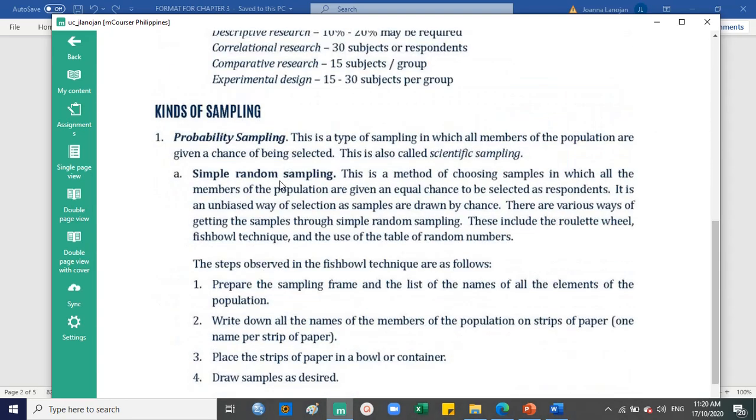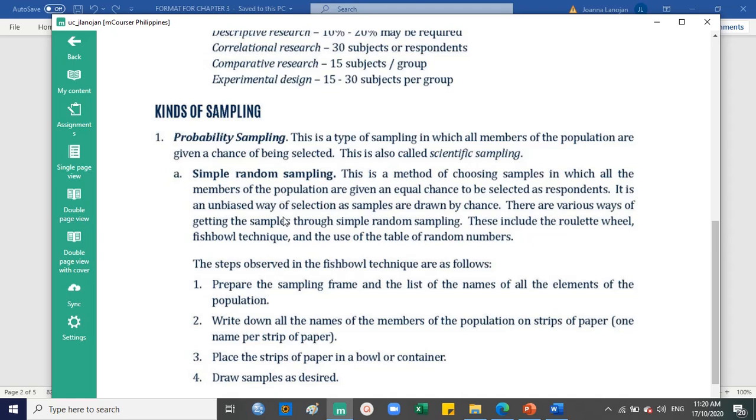In simple random sampling, for example, your title is not specific about which strand. It's just all senior high school students, and then it's just random. Whoever among the senior high school students can take the survey will be your sample.